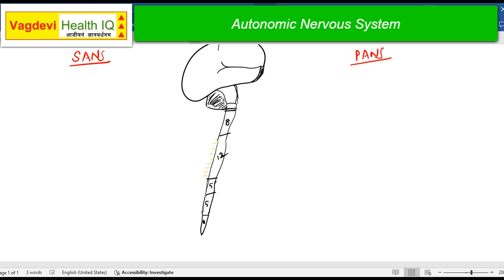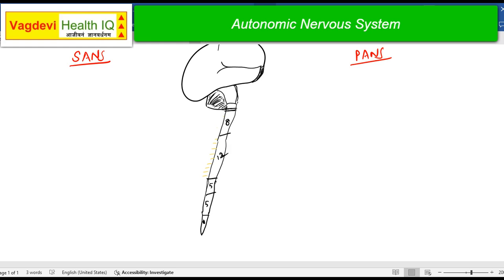The blood glucose will increase, your respiratory rate will be higher, your bronchioles will dilate for getting more oxygen, and your pupils will dilate. All these are sympathetic responses, right? Very simple. You should tell it very quickly, you should never delay it.